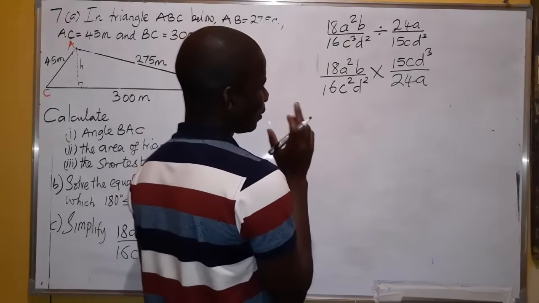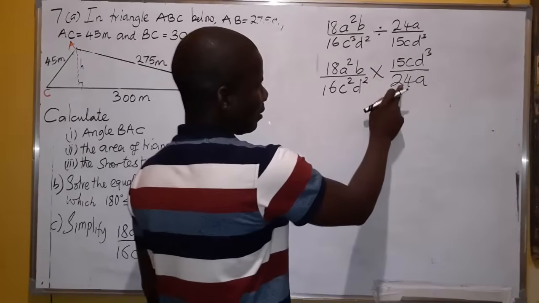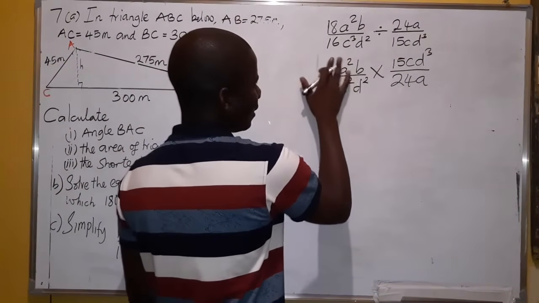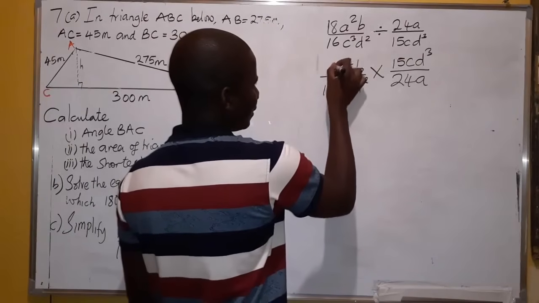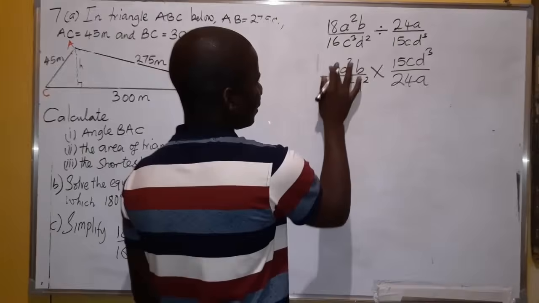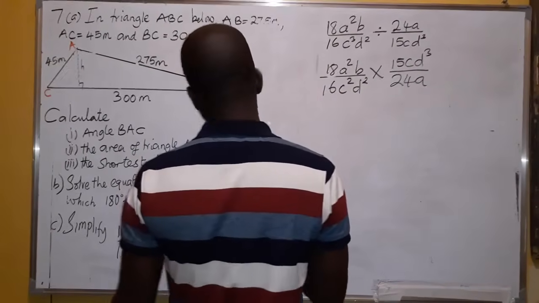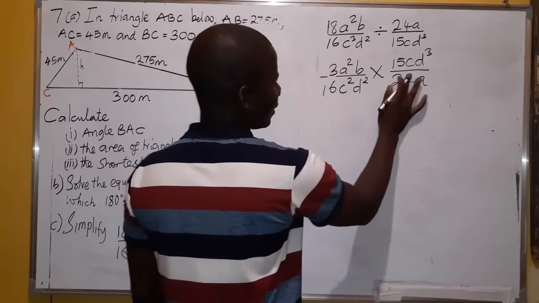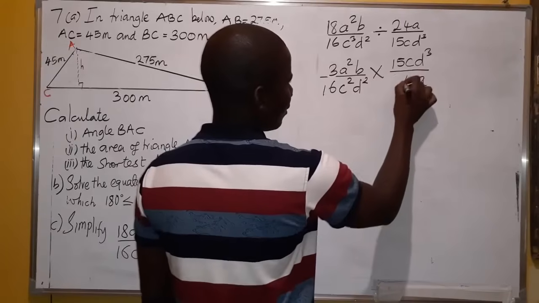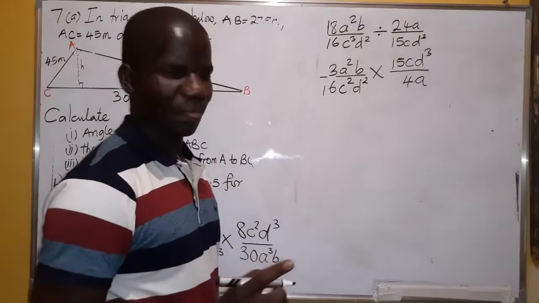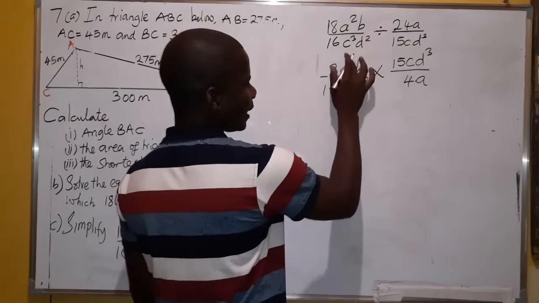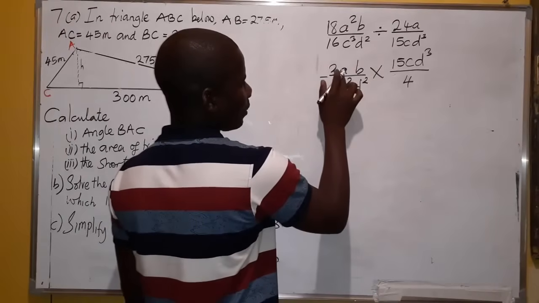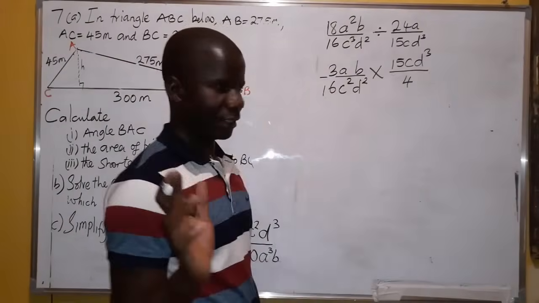The highest number that can go into 24 and 18 is 6. 6 into 18 is 3, and 6 into 24 is 4. I hope you are following. Then here we've got a squared and here we've got a. So this a goes with one a here, so here we remain with an a. I hope that is clear.